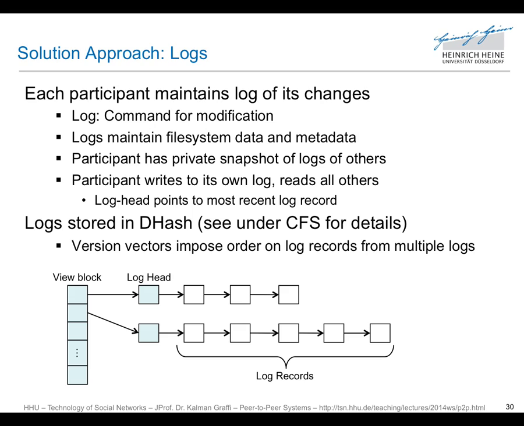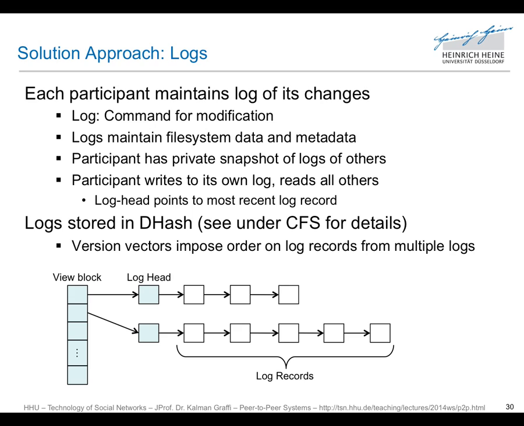And now every participant has his private view on the network, and the private view is defined by the set of logs that he considers. So if we think about the file system, then we would have for each file some main starting point, and then which modifications have been done on it.